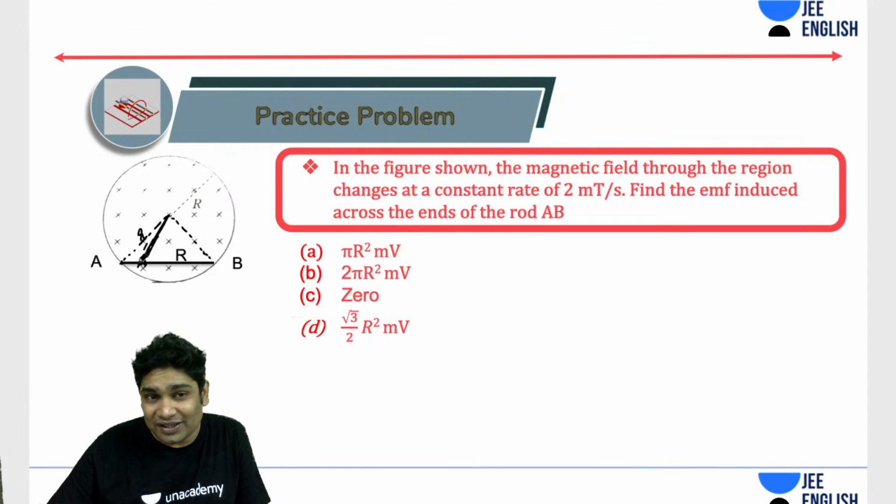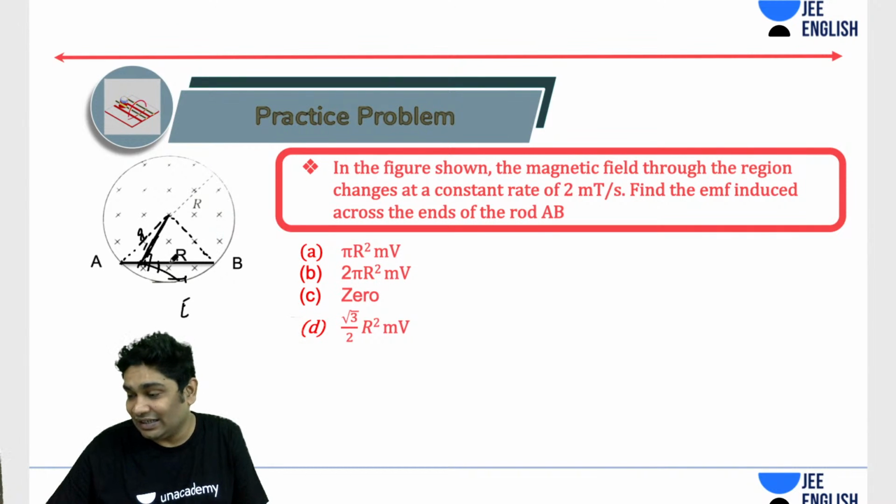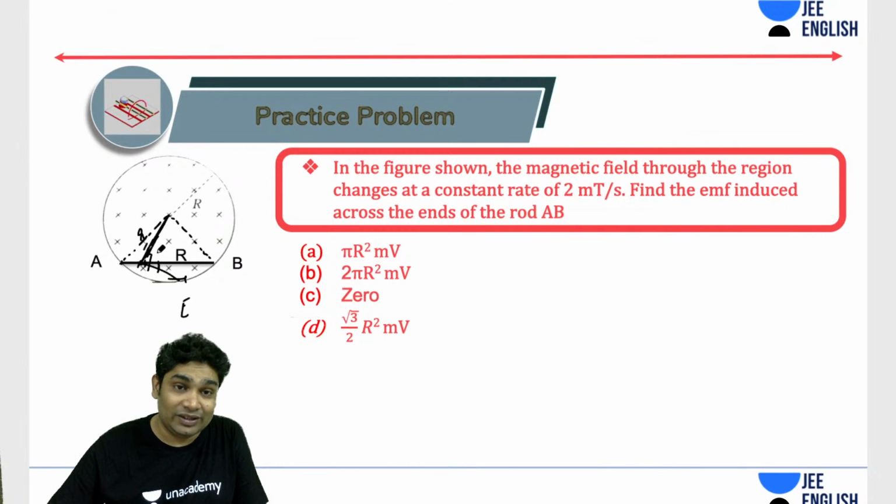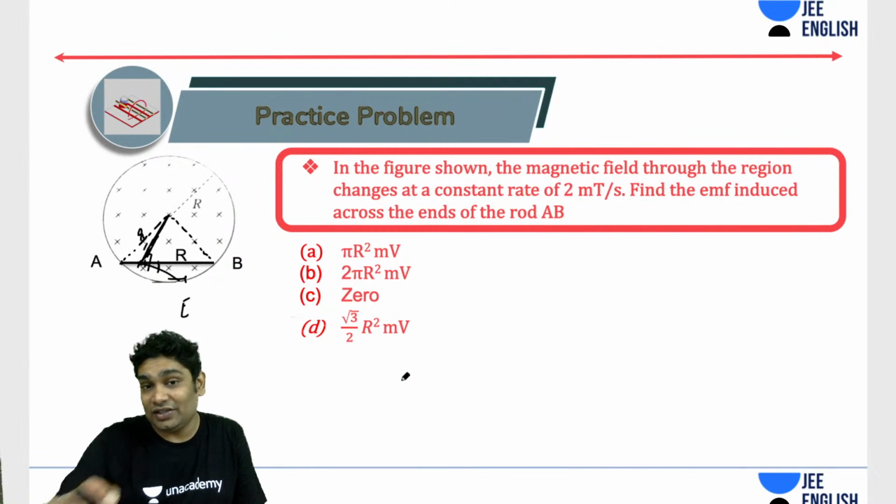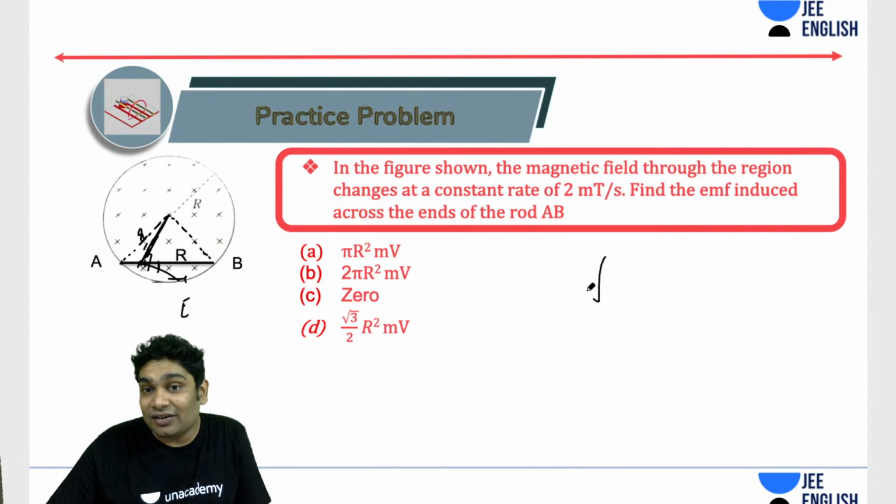Found the component of the electric field. Electric field would have been perpendicular to this. Found the component of E dot dl, that would have been E dot cos theta, and then integrated that. So one way of doing this was actually finding the integral of E dot dl from A to B. That was method one.